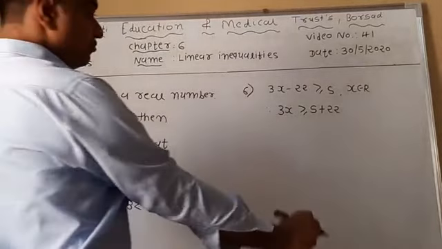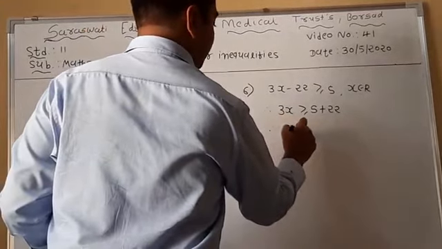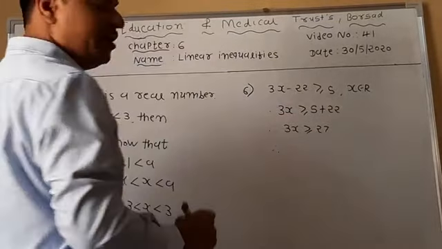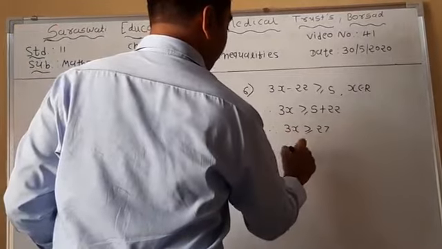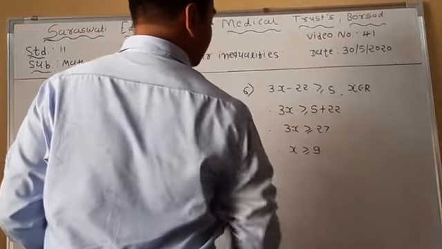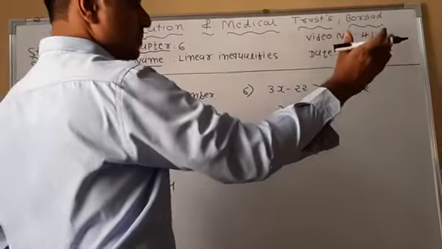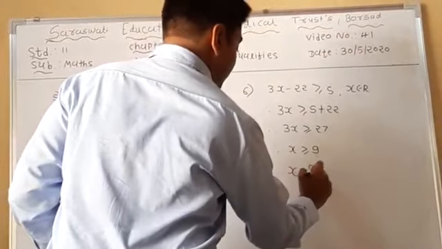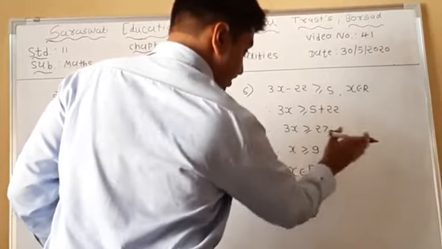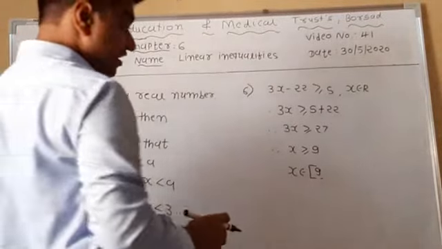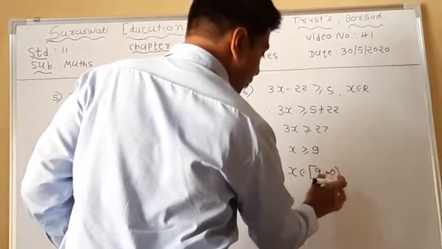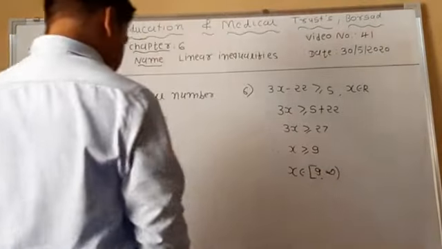Now add the numbers: 3x is greater than or equal to 27. Now divide: x is greater than or equal to 9. Since the greater than or equal form is present, the answer is written with a closed interval end and the arrow going to the right side. So we write closed-open 9 to infinity.